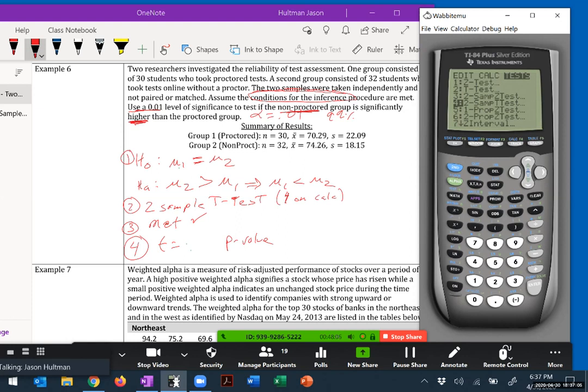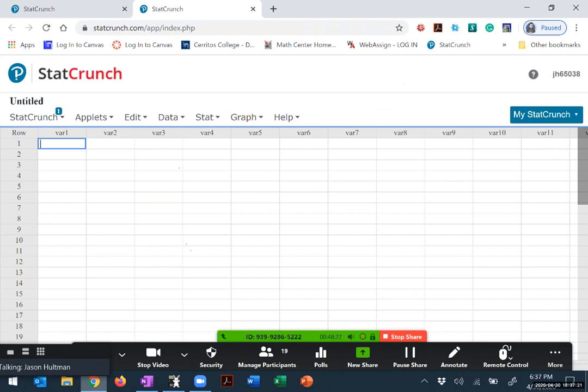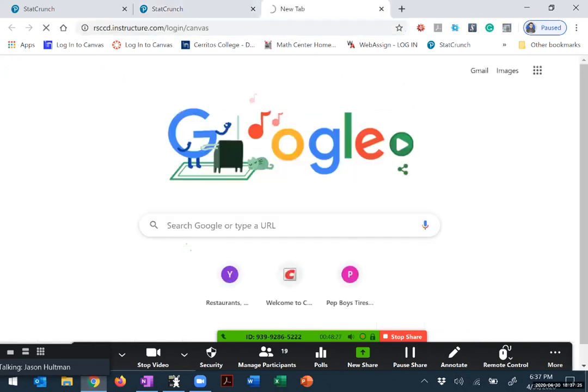You should have access to a calculator like this. If you're running your own personal computer, you can download the software for free, and that's on the Canvas page. Keep that in mind.